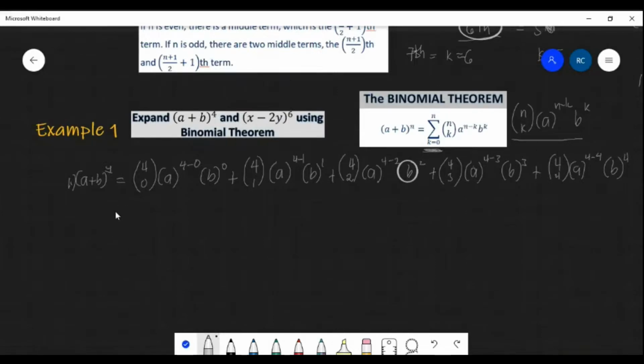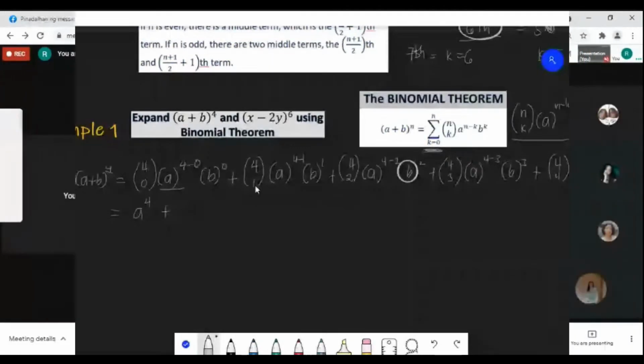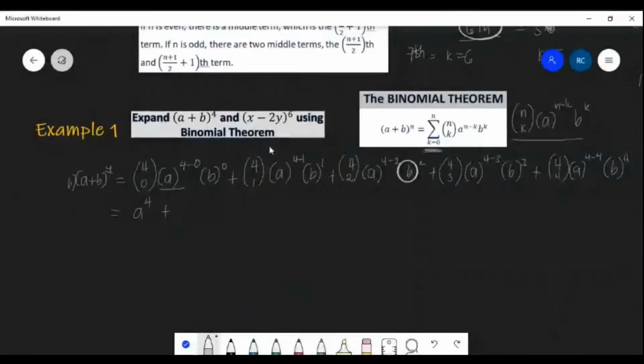Okay. Ulitin ko ha. Pwede kasi nating double check bago natin i-simplify. Ito ay 4 combined 0, 4 combined 1, 4 combined 2. Next, 4 combined 1, 1 itong 4 combined 1.